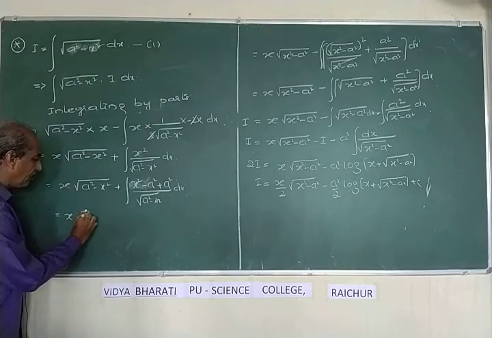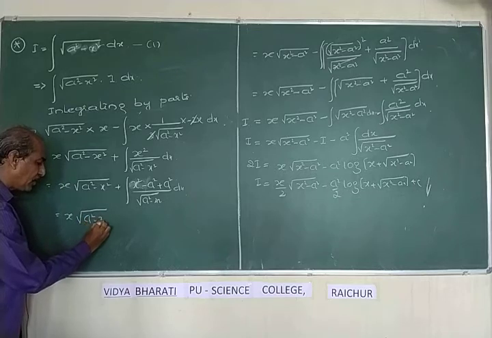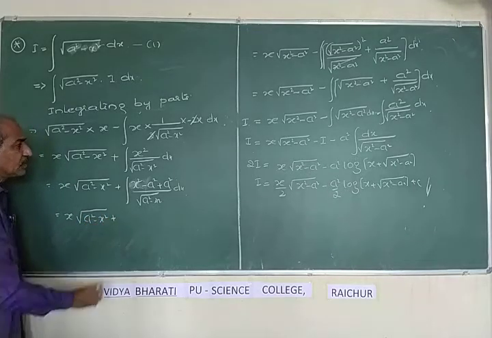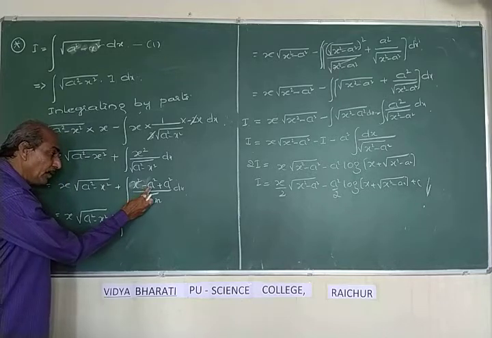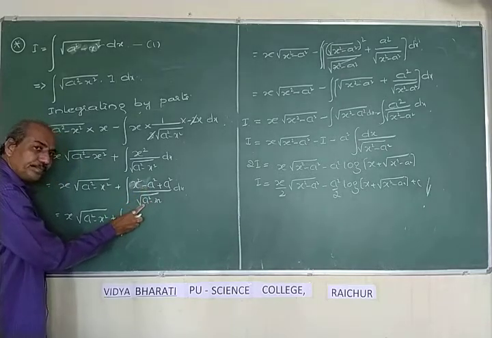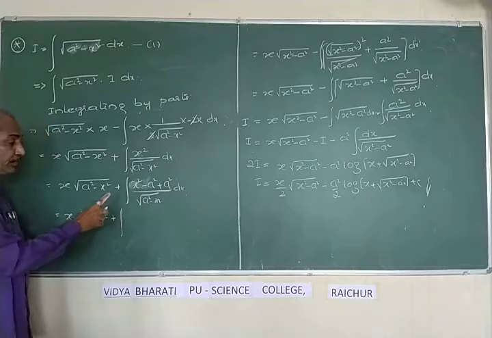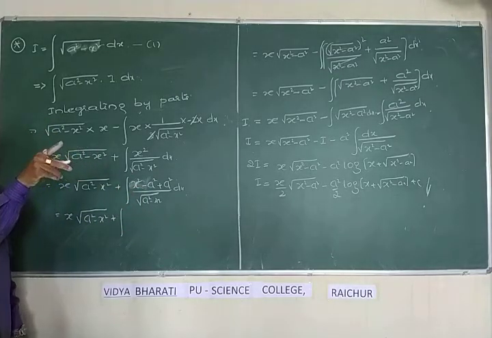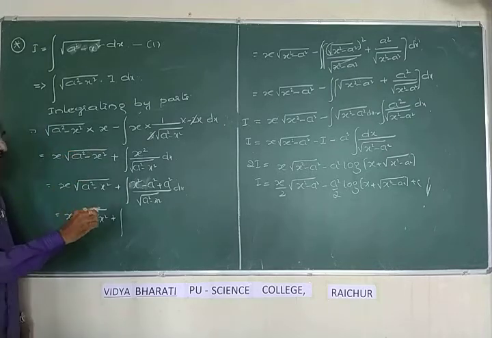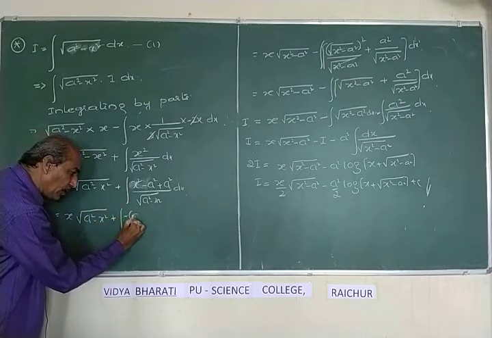X into root of, most of the students will make the mistake here only. This is plus. Okay. Here what I will do, what is the denominator term? I want to make that as x square minus a square, as a square minus x square between the first two terms.